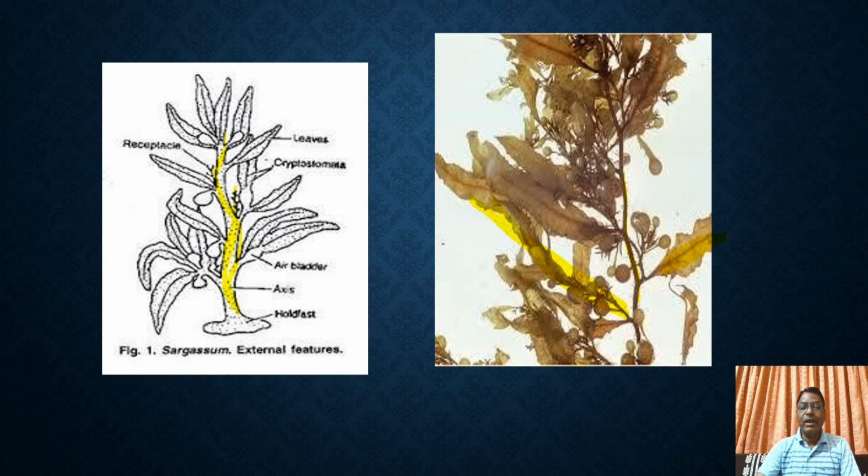Now this air bladder is a special structure, and it performs two basic functions. One basic function performed by this air bladder is it provides buoyancy, or it helps in floating in the moving water of the ocean.